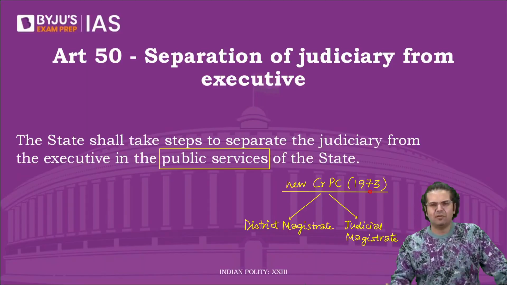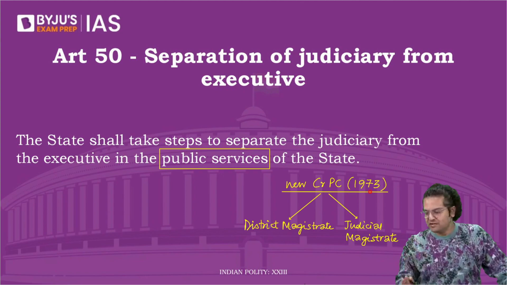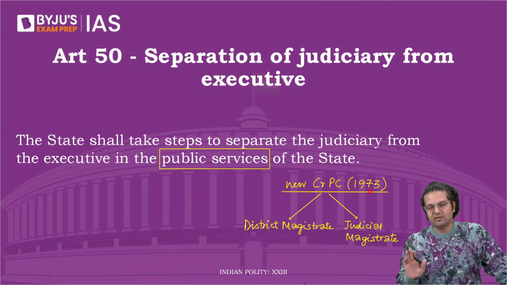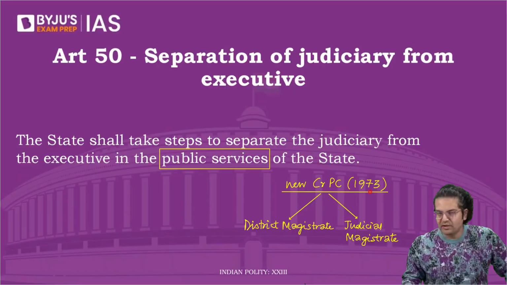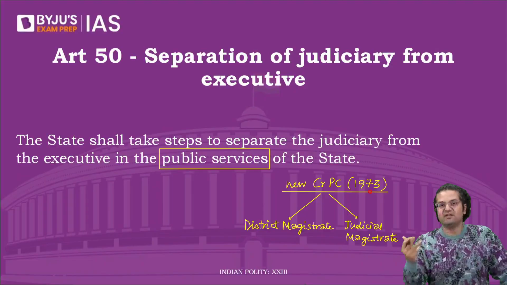He is CM after all, not a DM, right? DM is important. So in the eyes of villagers, district magistrate was the only official who was a real boss, right? So you would have even judicial functions, right? 50 years back.